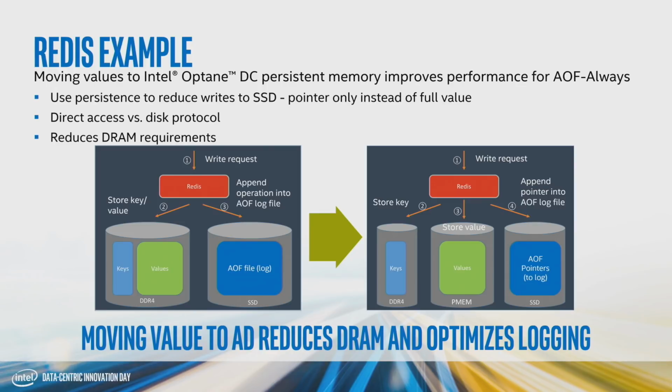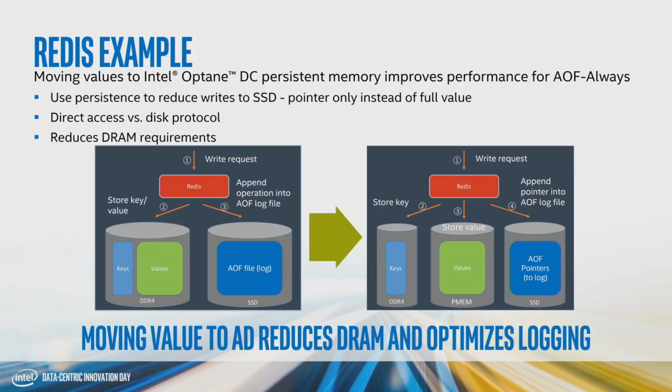And all the keys and values are in DRAM. And then in parallel, there's an append operation going into a log file, which is going to disk. Now, traditionally, writing the AOF file or the log file is a system bottleneck. It's one of the slowest parts of the system. And so using AppDirect solves a whole bunch of problems all at once.